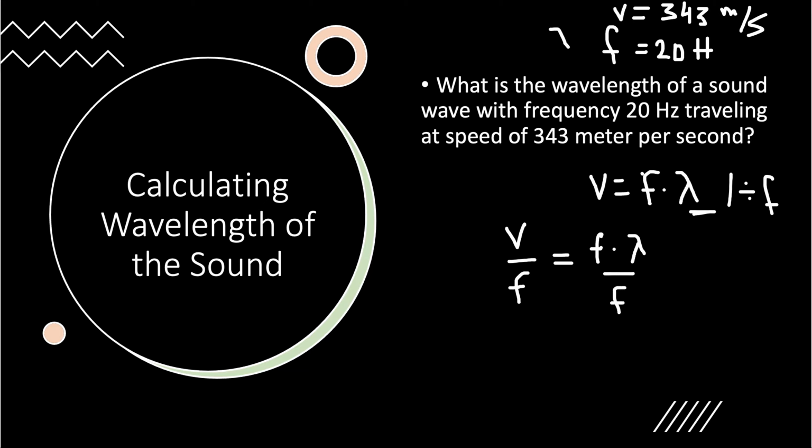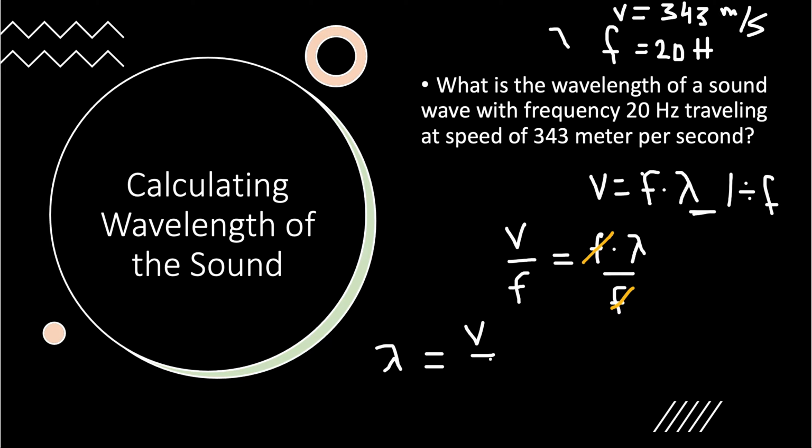We can simplify f by f, and finally lambda is equal to v divided by f.